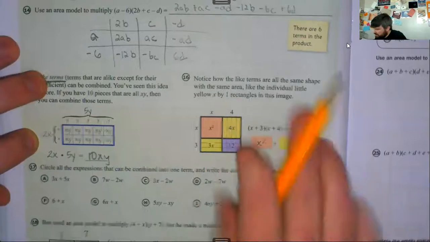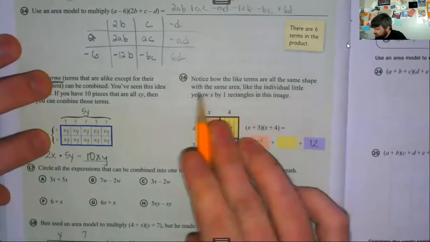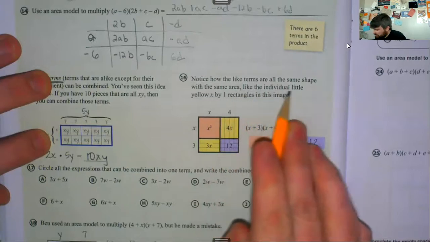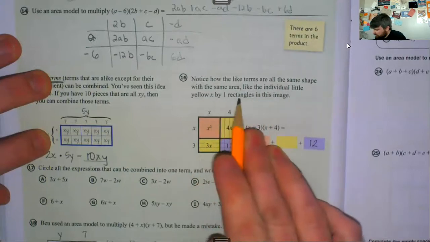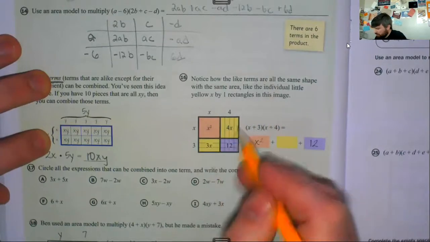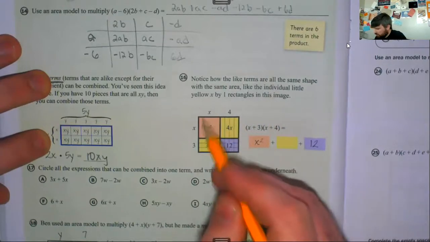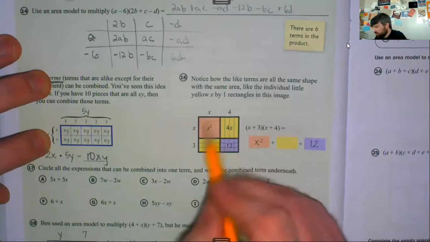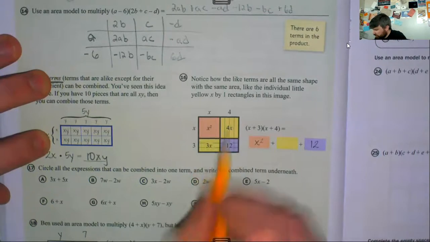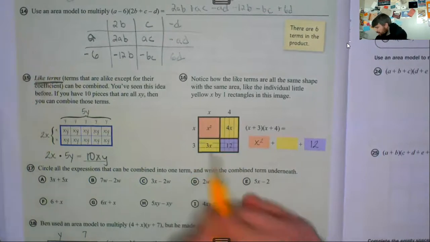Notice how the like terms are all the same shape with the same area, like the individual little yellow x by 1 rectangles in this image. So this is an exact area model. We don't know the length of x, so we can't really split that up into individuals, but we know that this is 3 and this is 4.